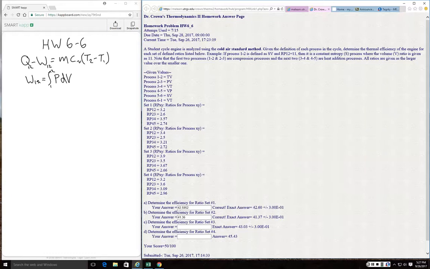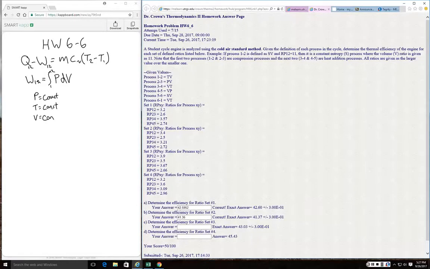So we have, if P equals constant, we get one result. If it's an isothermal process, you get another result. Of course, if V equals constant, we get the trivial solution.